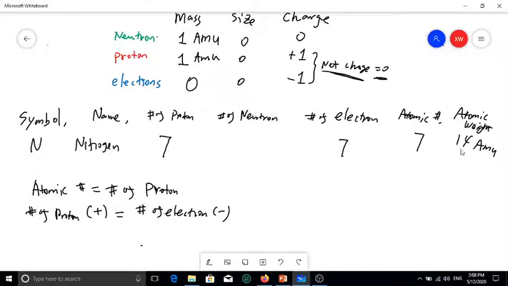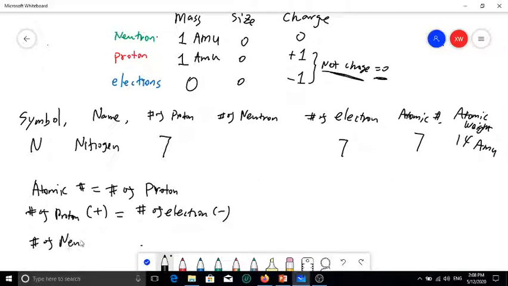So if your total weight is 14 AMU and you have 7 protons, the number of neutrons equals the atomic weight minus the number of protons.